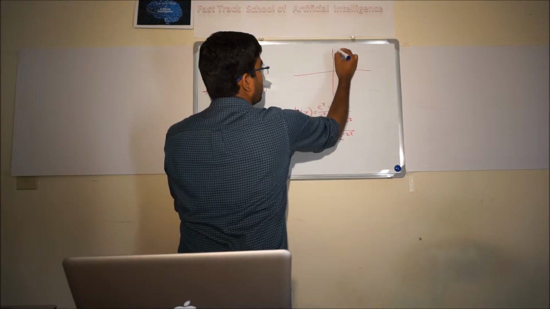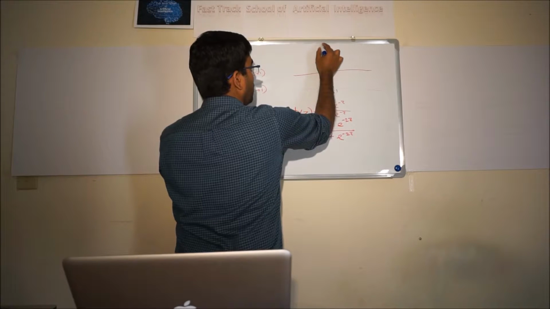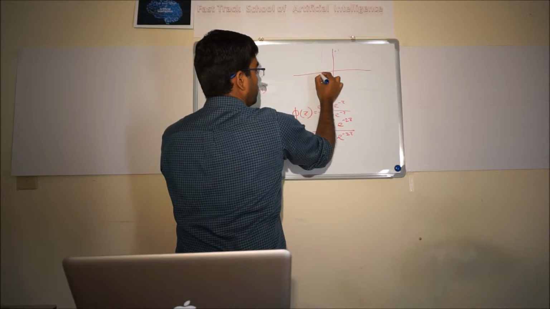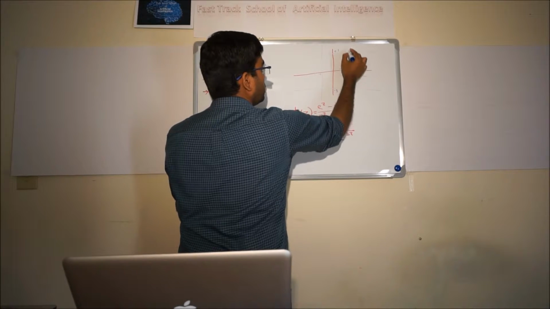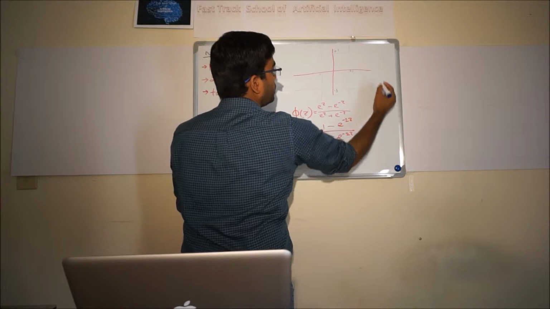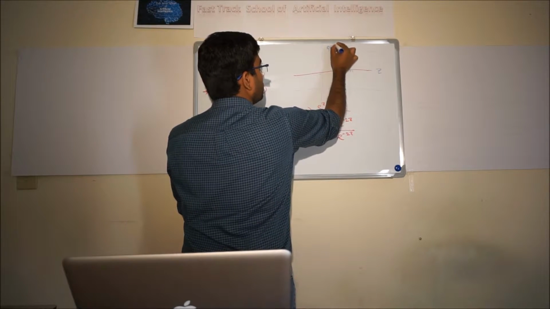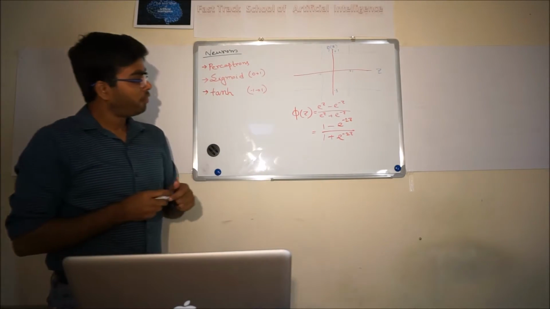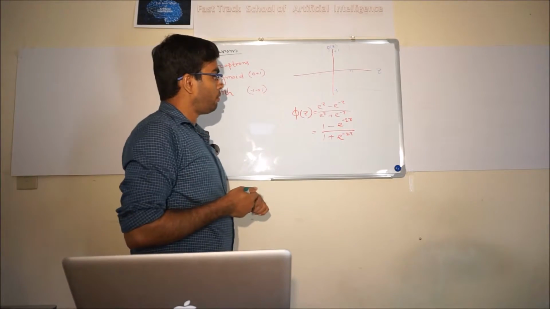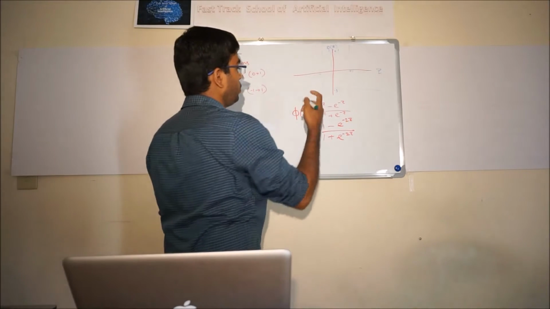Okay, plus 1, minus 1, and somewhere this is minus 1, plus 1. This is the value of z. Okay, for this tanh function, the value of the activation function will be something like that.